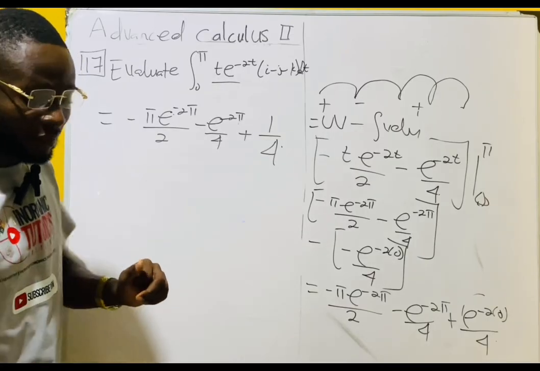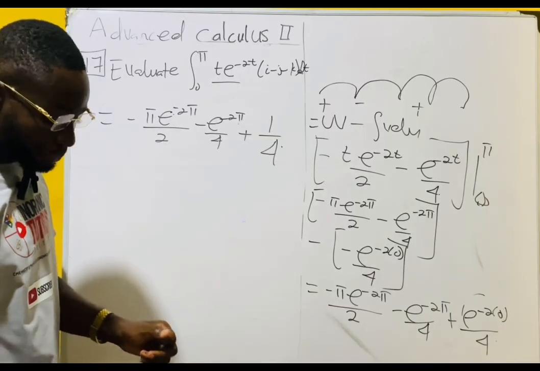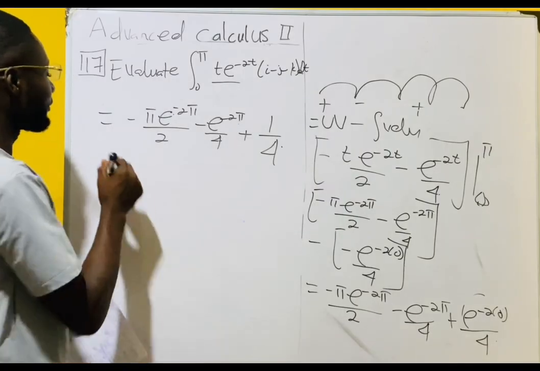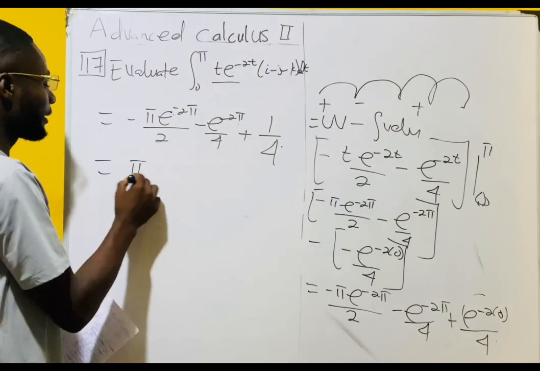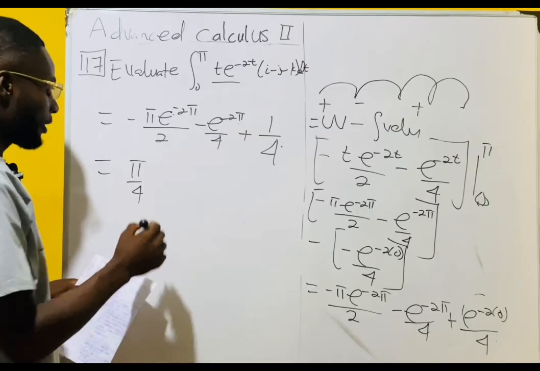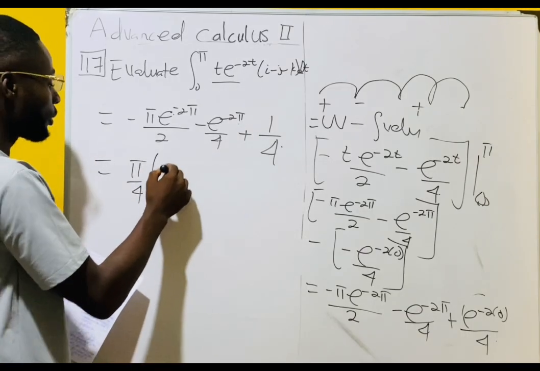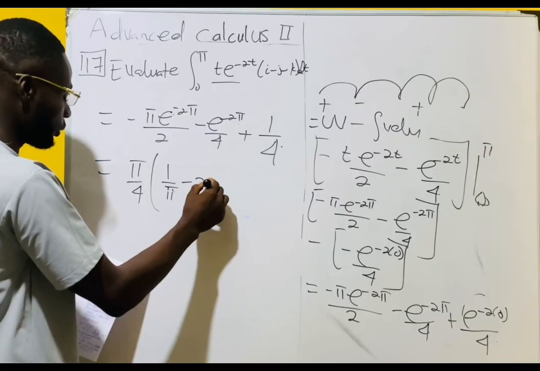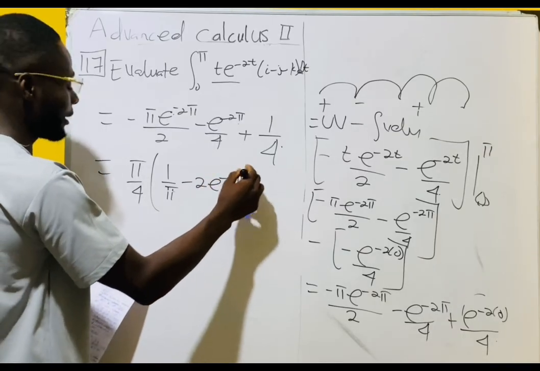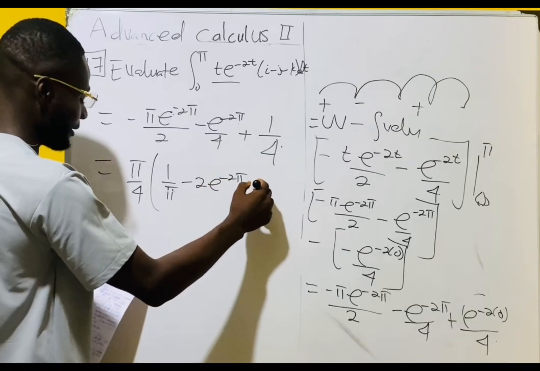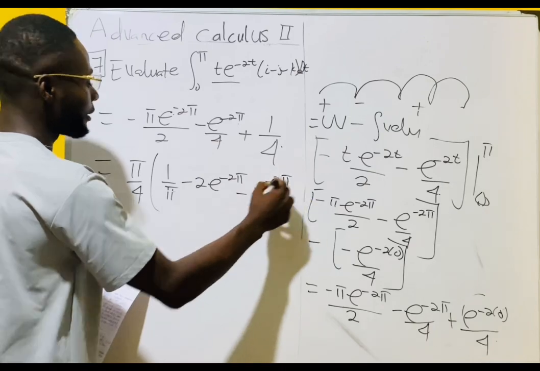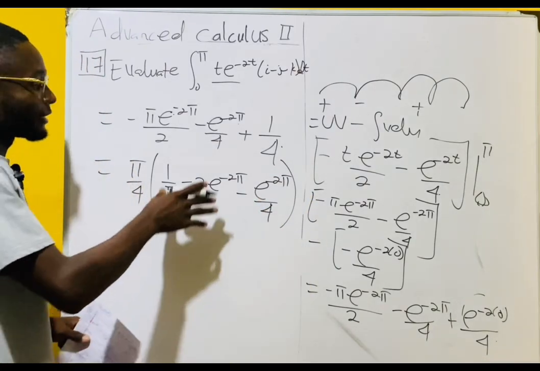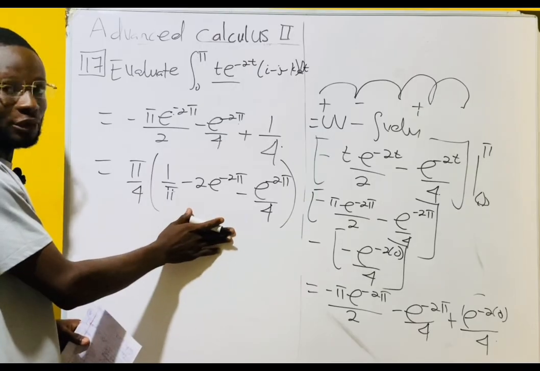Now that we have that, we can say that this result, we can still simplify it to have pi over 4 into 1 on pi minus 2 e to the negative 2 pi minus e to the negative 2 pi over 4, right? We can still express this in this way.